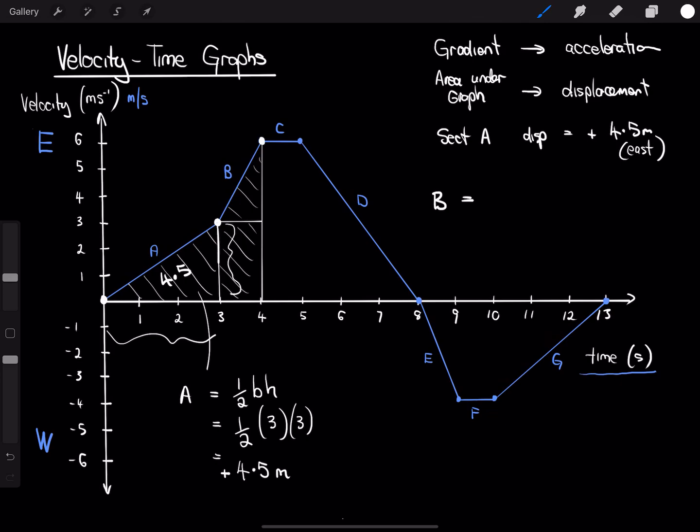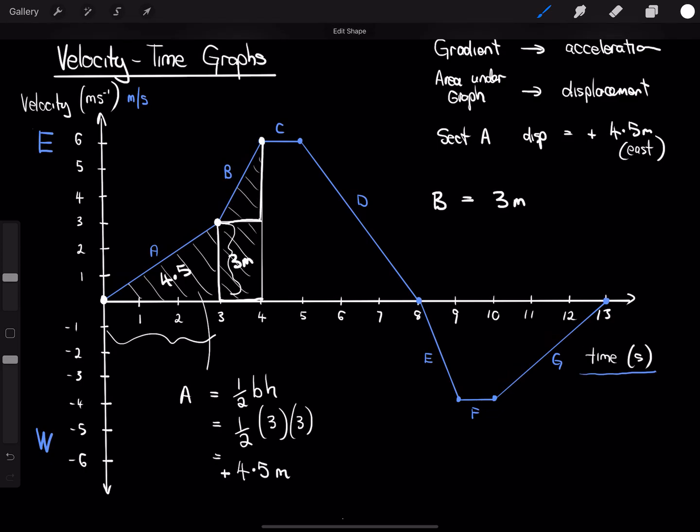It's simply a height of 3 and a base of 1, so that section in there is 3 meters. Now, in the triangle, the base is 1, the height is 3. Because it's a triangle, it's going to be half of the corresponding rectangle, so it's going to be 1.5. So that area in there is 1.5.